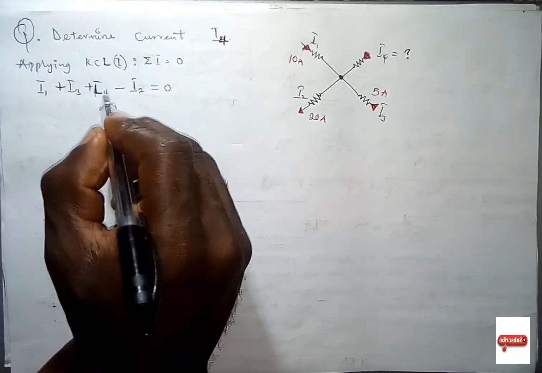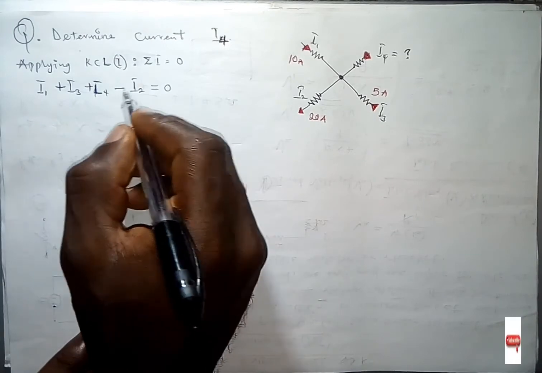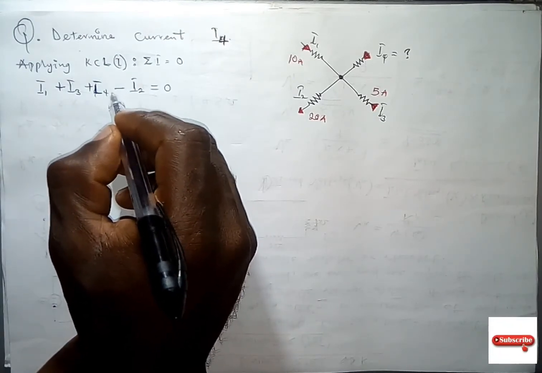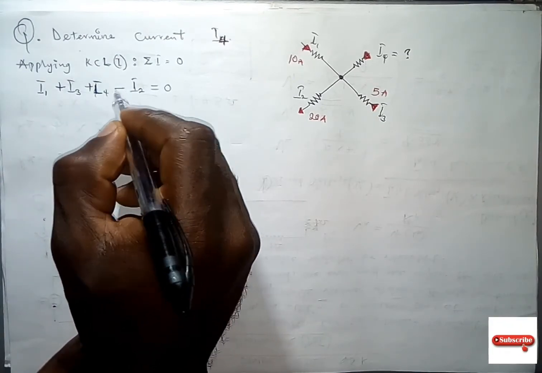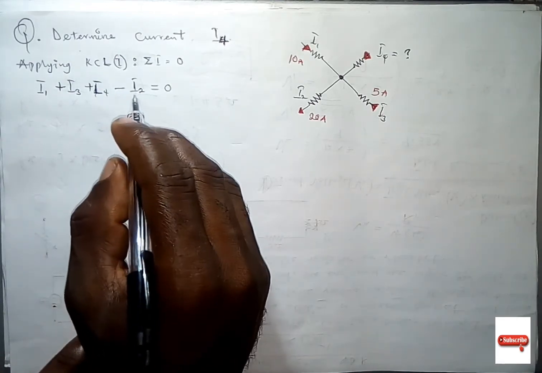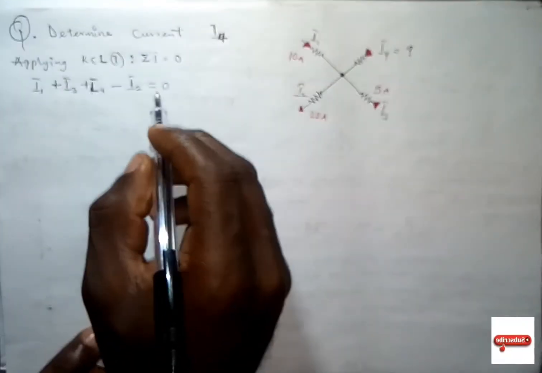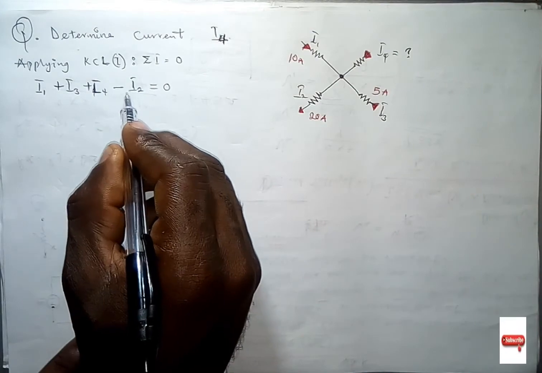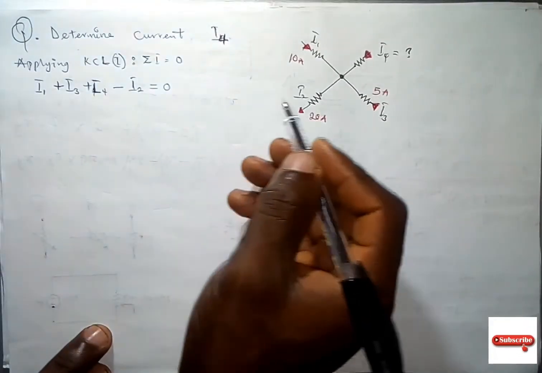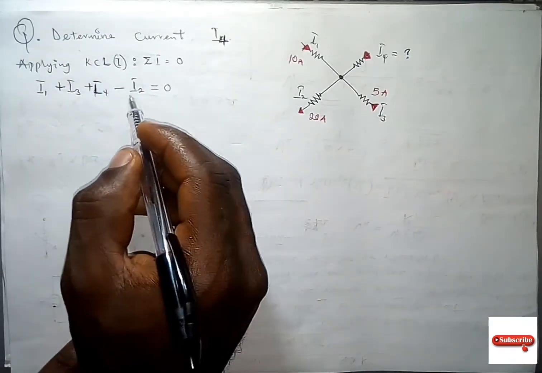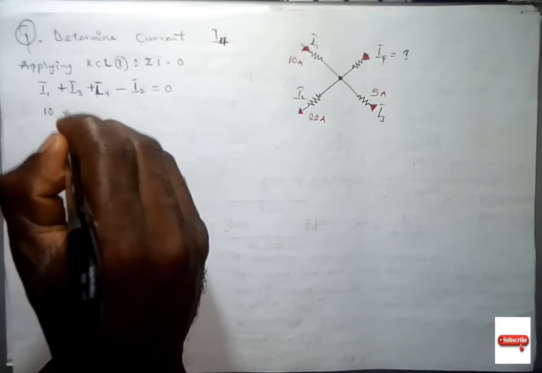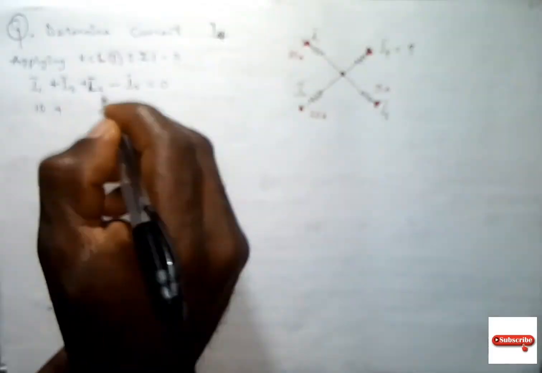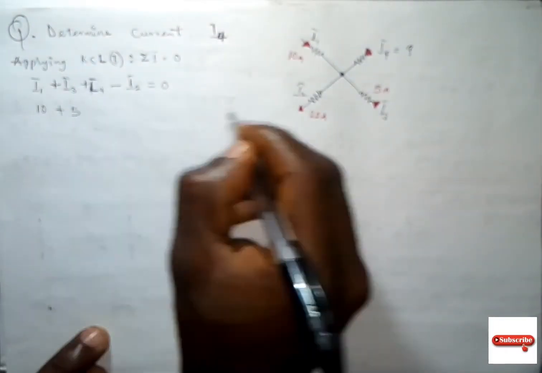Of course we know that we are going to put negative here, because a plus times a minus is still going to give you a negative sign. So by the time you substitute your values straight from this place, we have been given our current I1 to be 10, plus our current I3 to be 5 ampere.